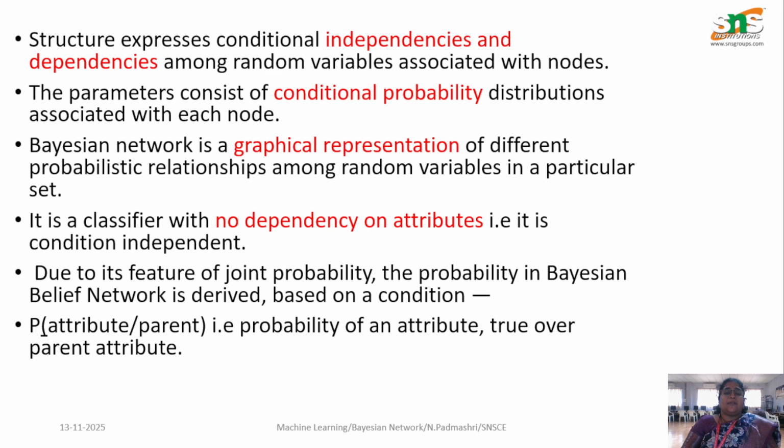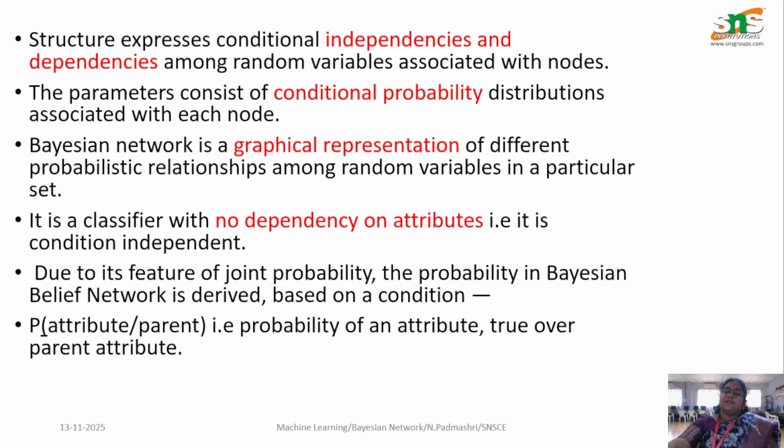A will have some data present in it, B will have some data present in it. So the network has a graphical representation based on the relationship among the variables A and B. It comes under a classifier in machine learning if there is no dependency on attributes. It is conditionally independent.